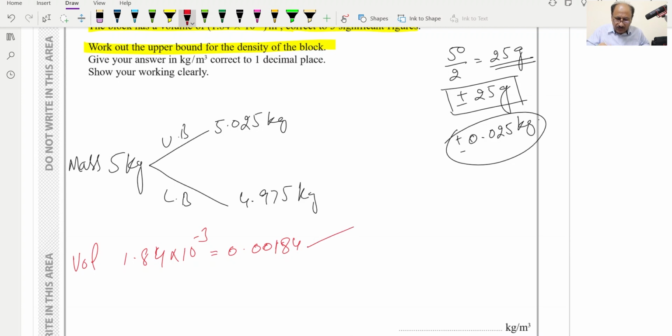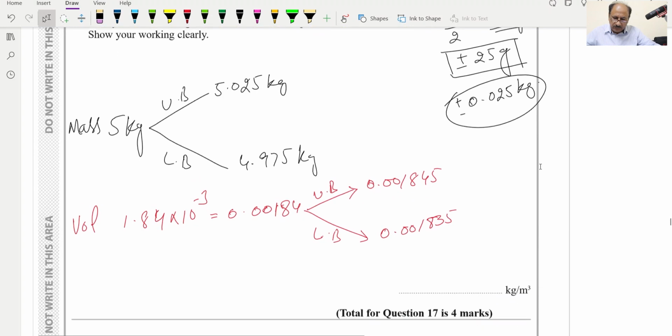So the upper bound will be 0.001845 and the lower bound we can write 0.001835.